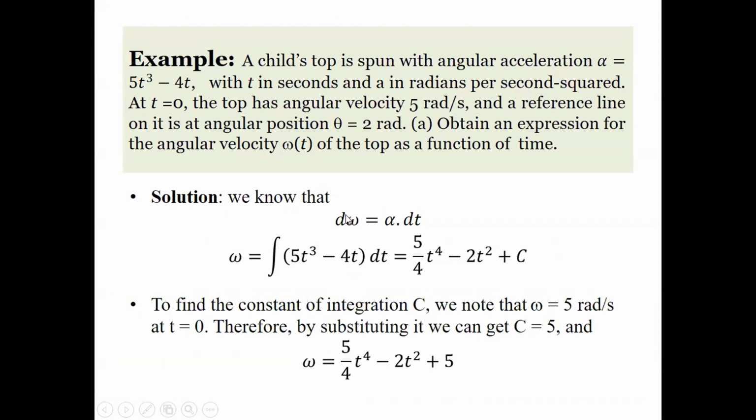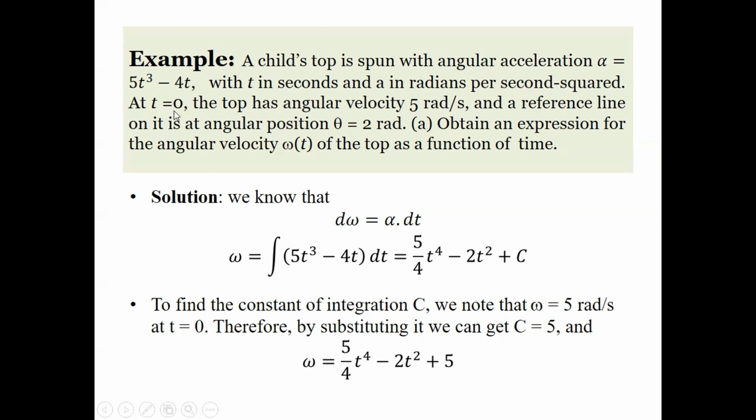Let us do this simple example. A child's top is spun with angular acceleration alpha equal to 5t cubed minus 4t, with t in seconds and alpha in radians per second squared.